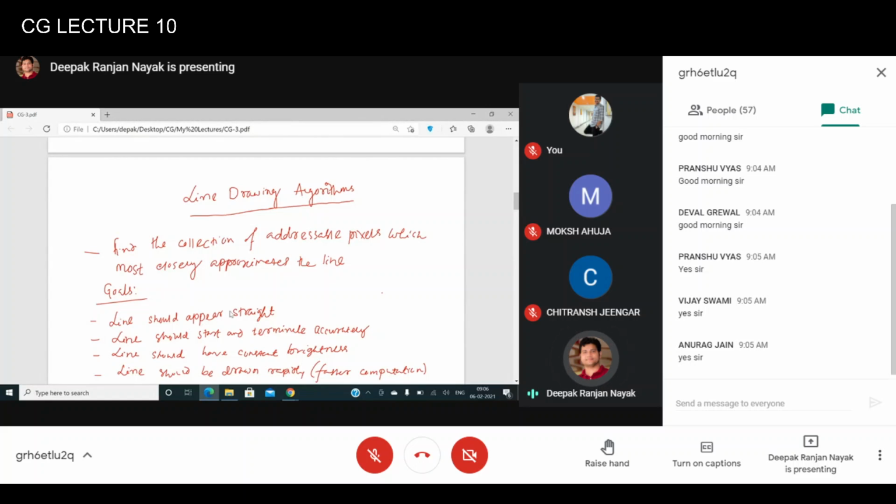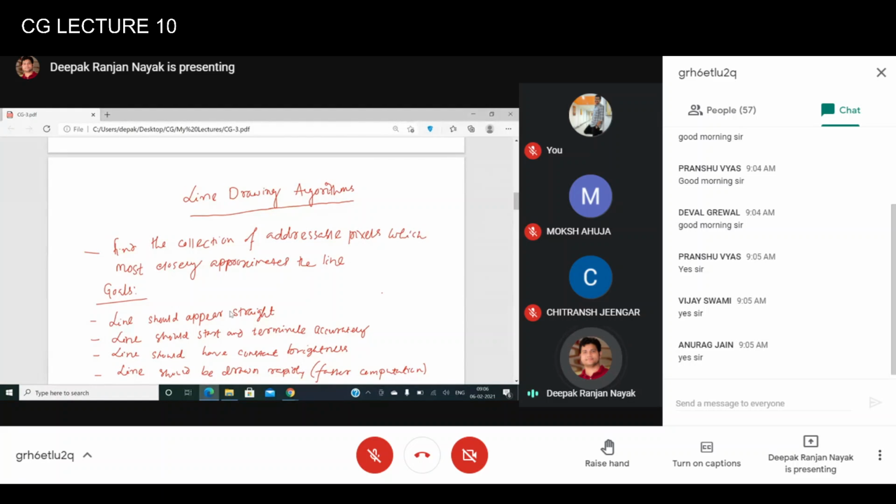There's a difference. The way we draw a line with a piece of graph paper and a scale is different from the way we draw a line on the screen, because our screen consists of a set of pixels arranged in rows and columns, as you all know, and we call this a raster environment or digitized environment, right?